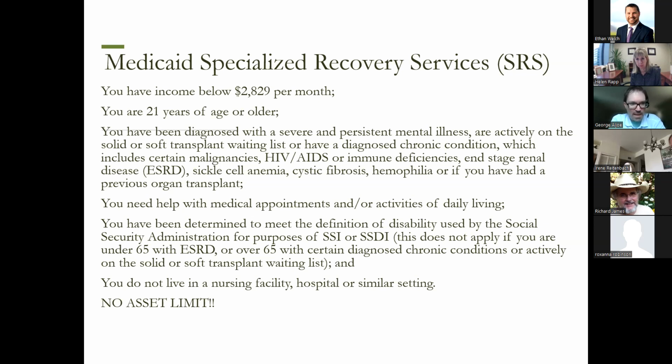And it provides services that are intended to help the individual make it while still living in the community. So everything from vocational training to group therapy, counseling, case management services, whatever the individual needs. There's a whole host of services that specialized recovery services can provide.